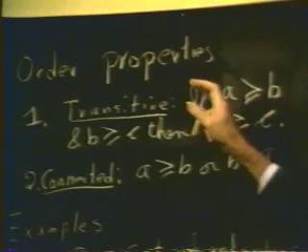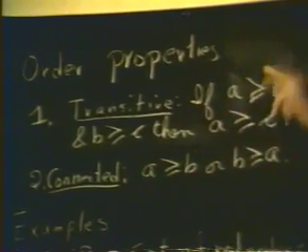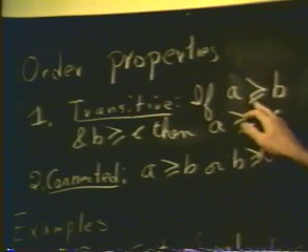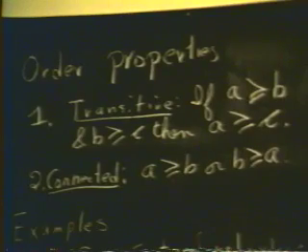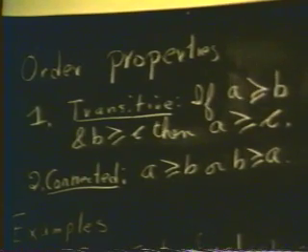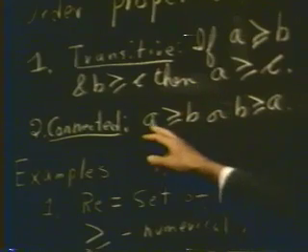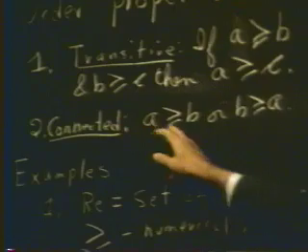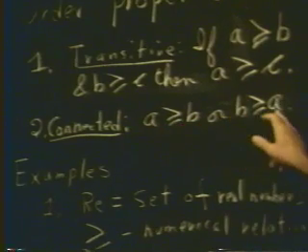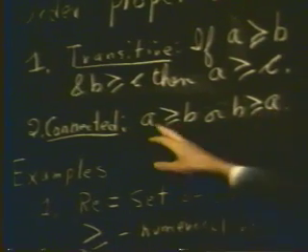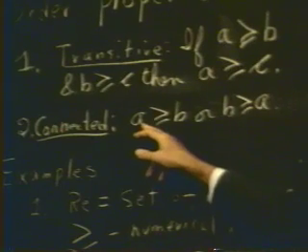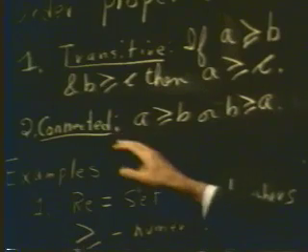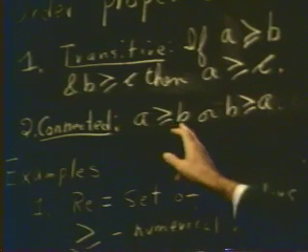It, of course, is mirrored on the corresponding relation for equal to or greater among numbers. The second property is connectedness. For any two elements in the set, A and B, A is at least as great as B, or B is at least as great as A. Notice it's convenient, instead of saying equal to or greater, because we also don't want strictly equal, to say at least as great as.